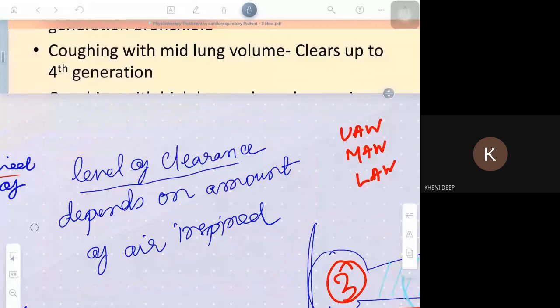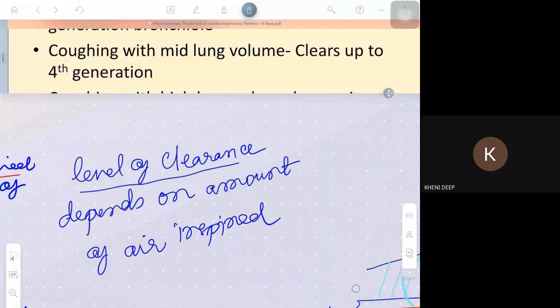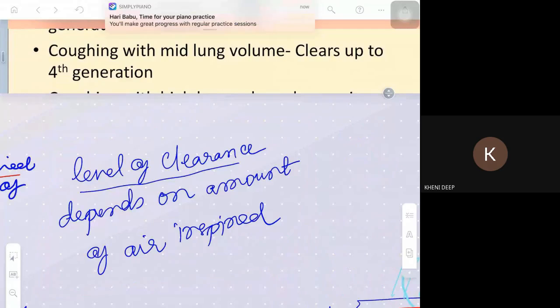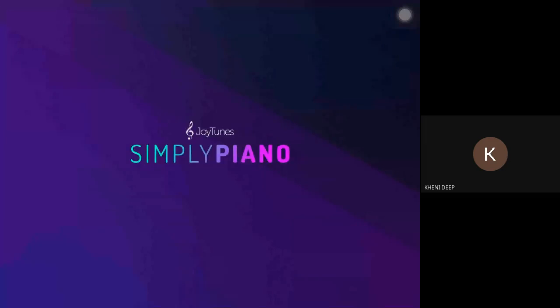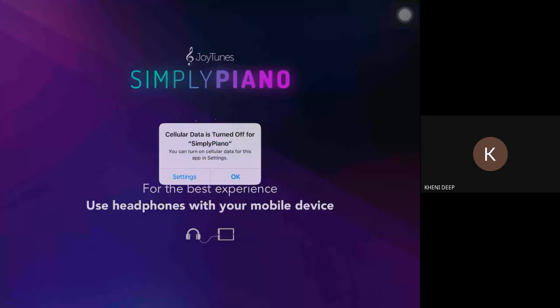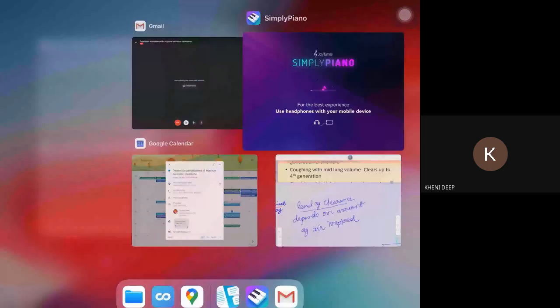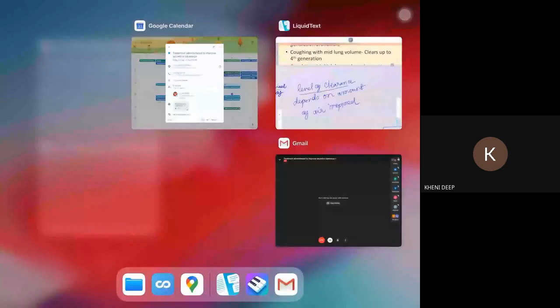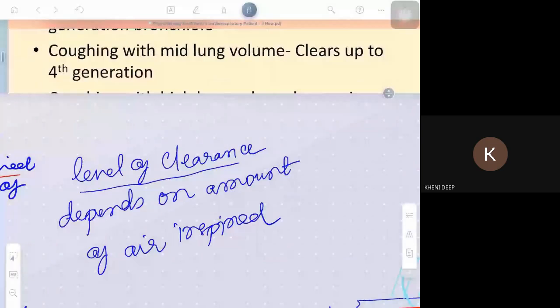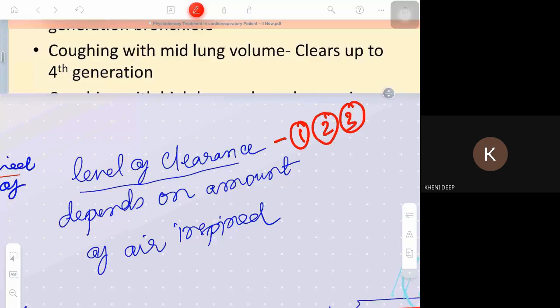Level of clearance, that is whether it is upper airway 1, 2 or 3. Level of clearance depends on amount of air inspired.